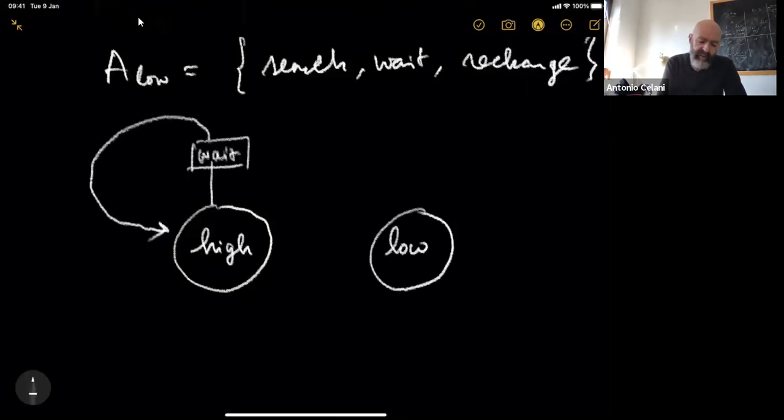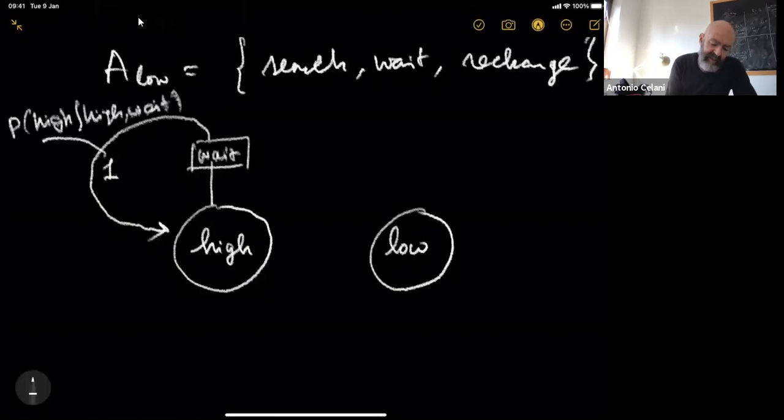So the probability with which you go back to high, this object that I'm writing here, 1, is the probability of being in the high state, given that you were in the high state and you took the action of waiting, okay? But in short, I'm just writing a 1. If you decide to wait, you will still be high. There is no leakage of battery if you wait.